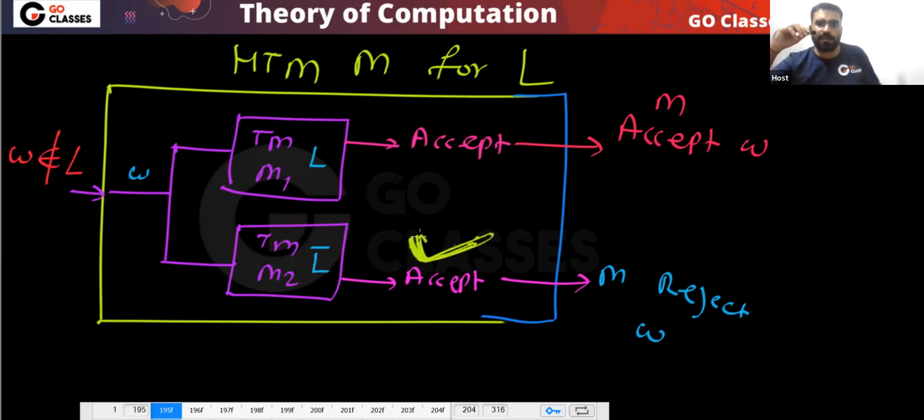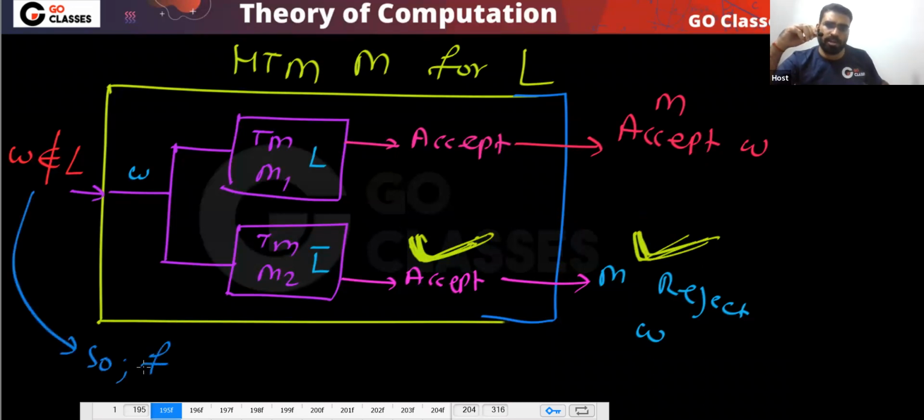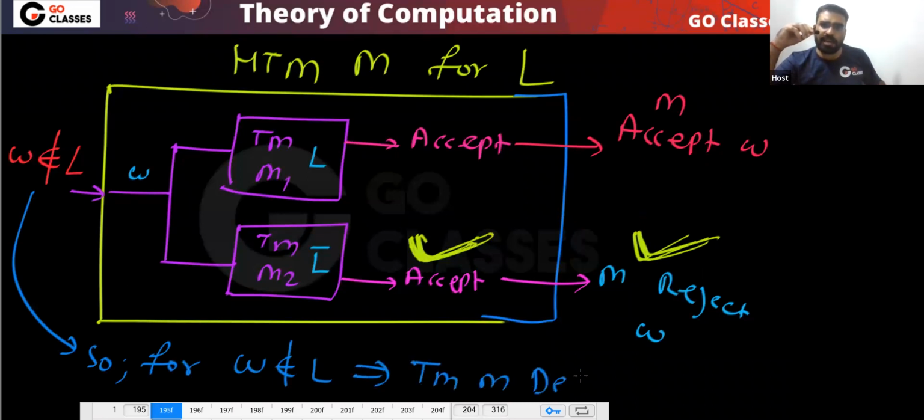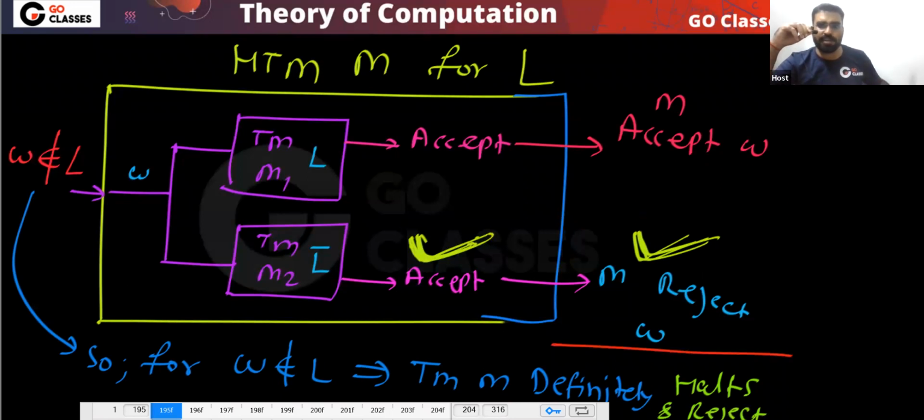So for W not belonging to L, this Turing machine M definitely halts and rejects. Is this clear? Tell me. So definitely it will halt and reject.